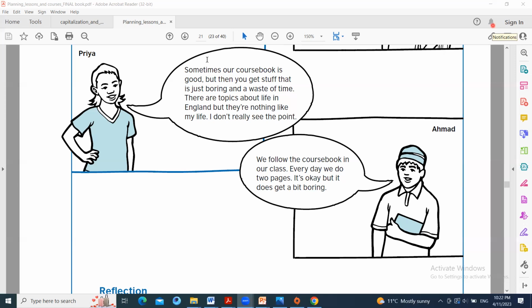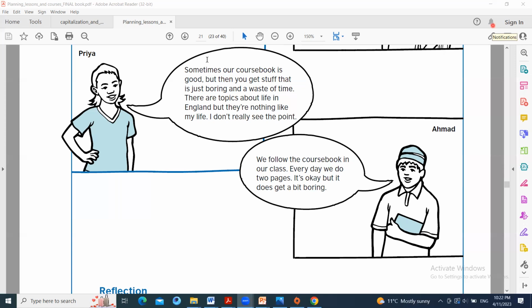Ask the learners to look at the next unit in the course book and say what they would or wouldn't like to do from it. To give them a chance to choose their topics, or even adapt activities that are not appropriate for the culture or lives of the learners.